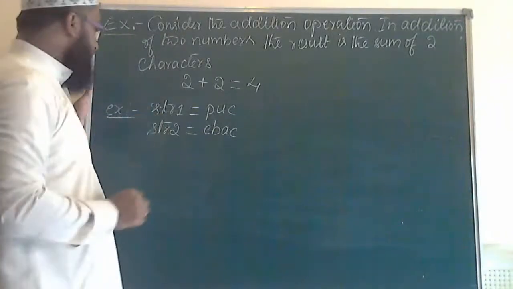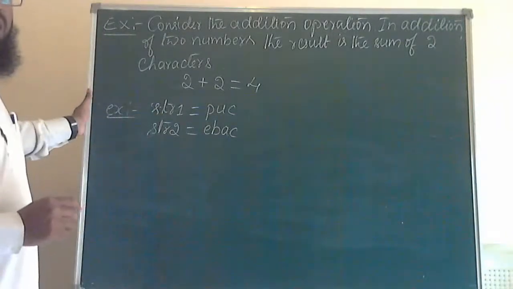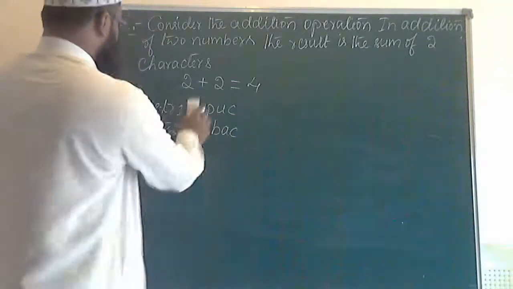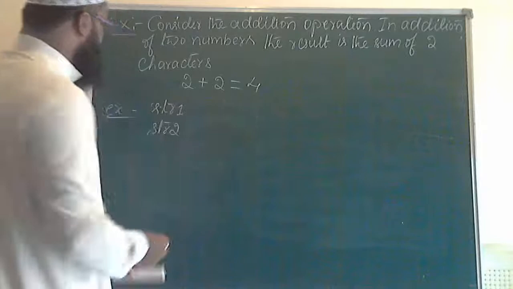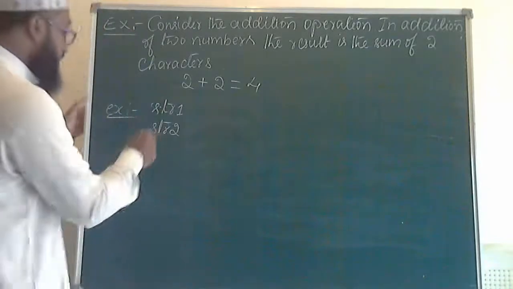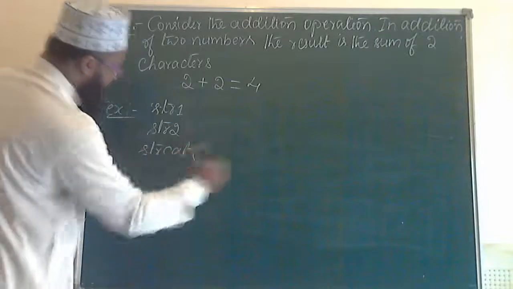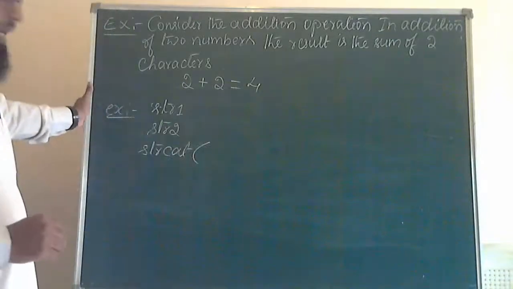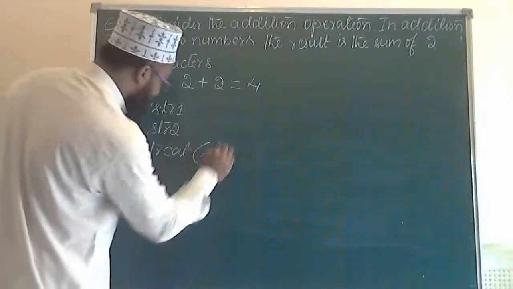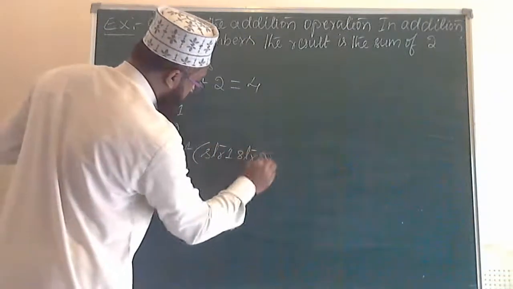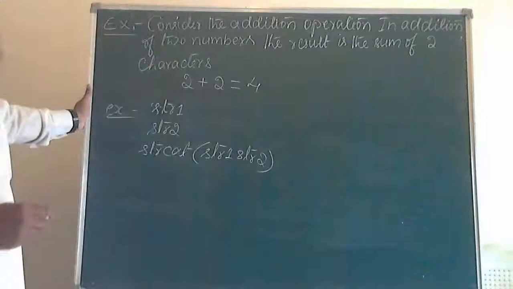These are the two strings. Now we will use strcat. First take the syntax: take two strings str1 and str2. If we do strcat, it will become str1 str2. This is called string concatenation.